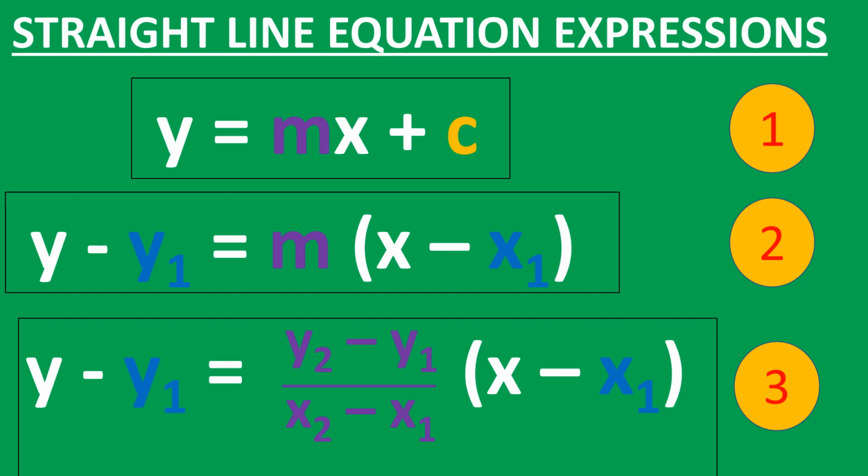And then the slope is simply represented by m, but this time around, m being clearly shown as y2 minus y1 all over x2 minus x1.